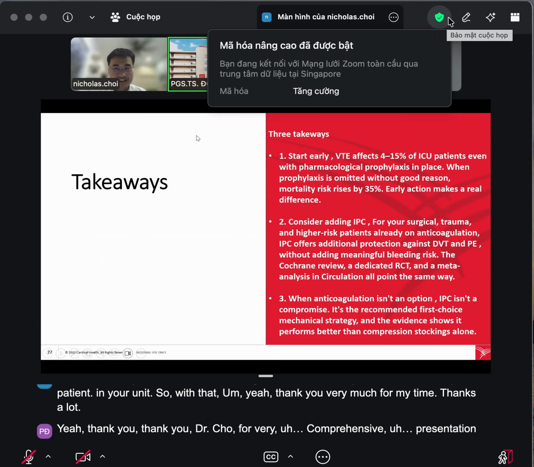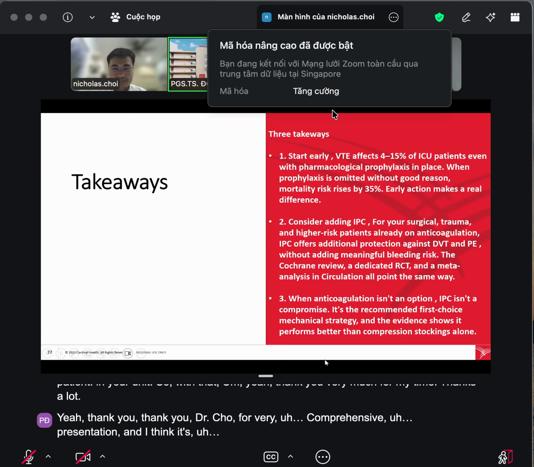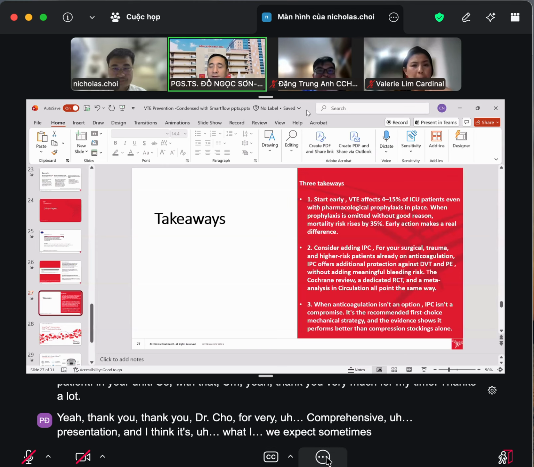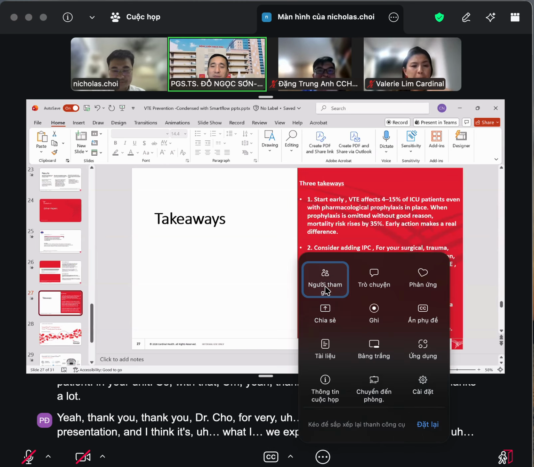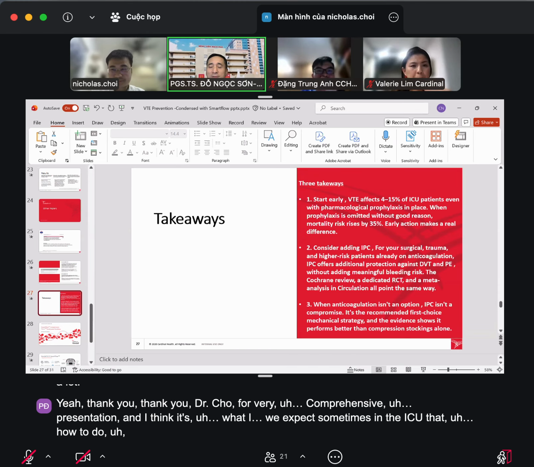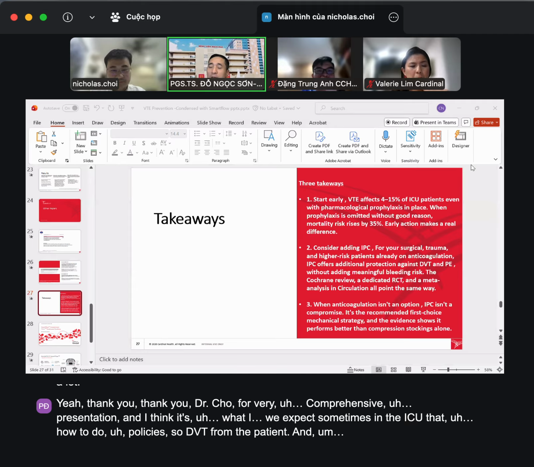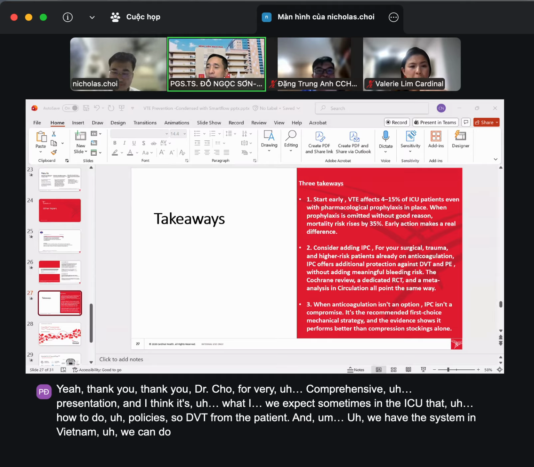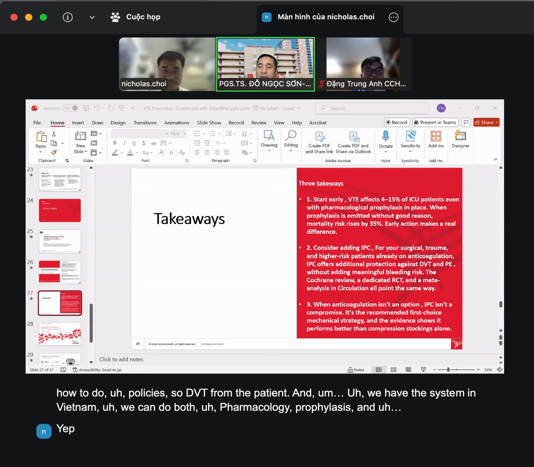A very comprehensive presentation, and I think it's what we expect sometimes in the ICU, how to do prophylaxis for DVT for the patient. And we have the system in Vietnam. We can do both pharmacological prophylaxis and IPC.